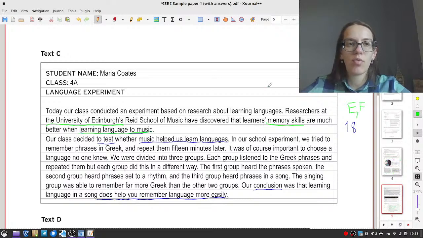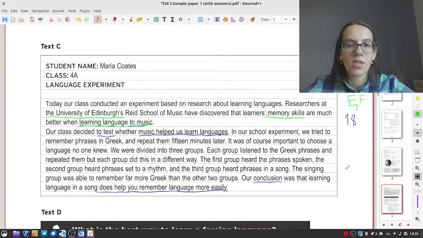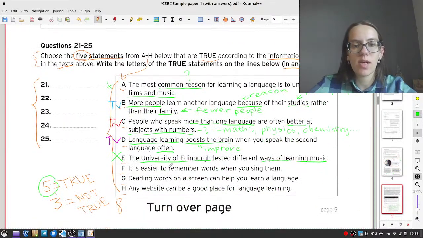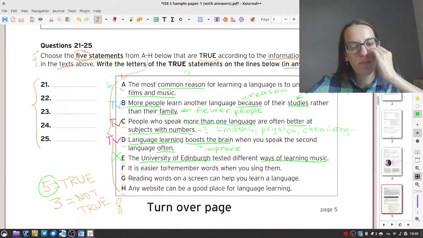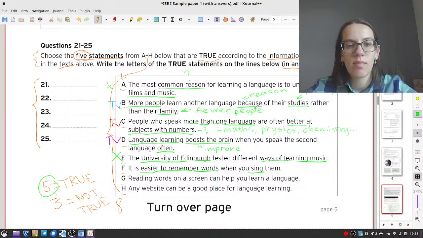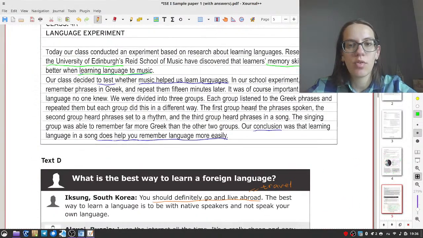It also refers to text C. So what do we know about it? Let's underline the keywords. Easier to remember words, easier to remember when you sing them. So is it true or not?